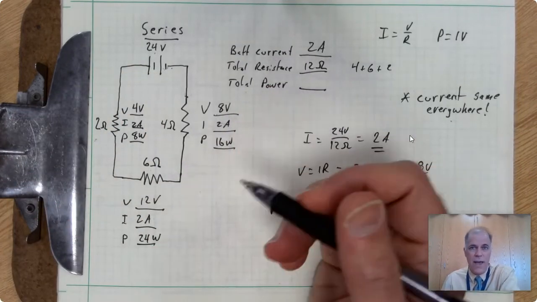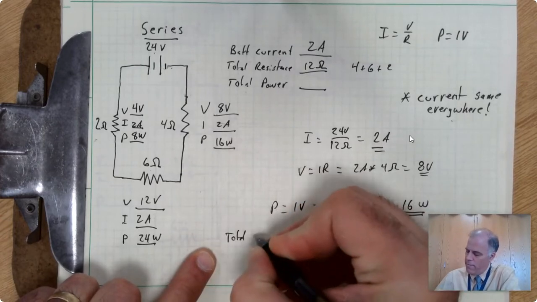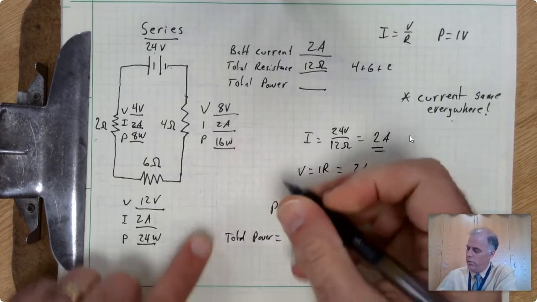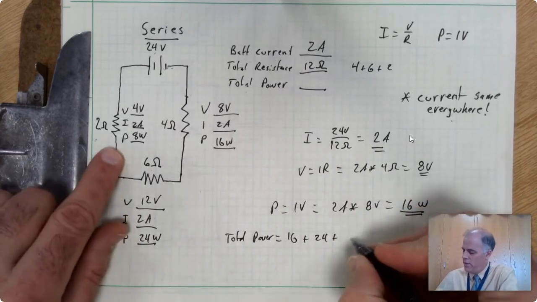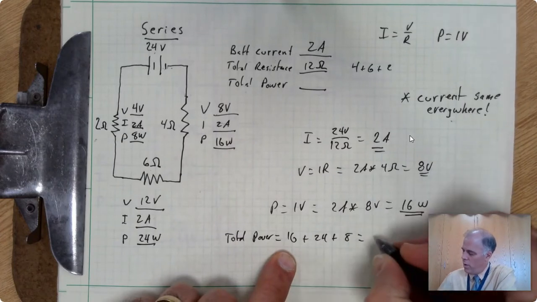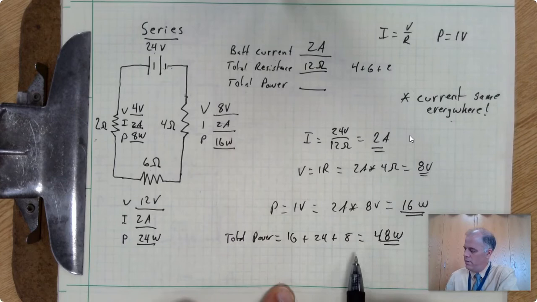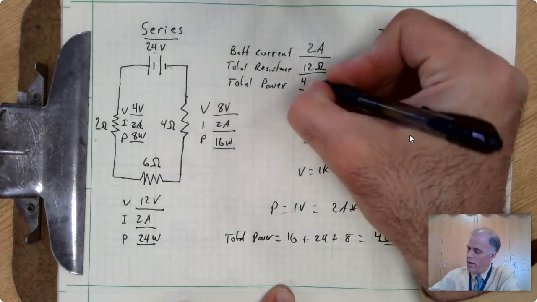And energy, as you know, has to be conserved. So total power is equal to 16 plus 24 plus 8, which equals, let's see, that's about 48 watts. Believe that's right. Yep, 48 watts. Great, so this is going to be 48 watts.